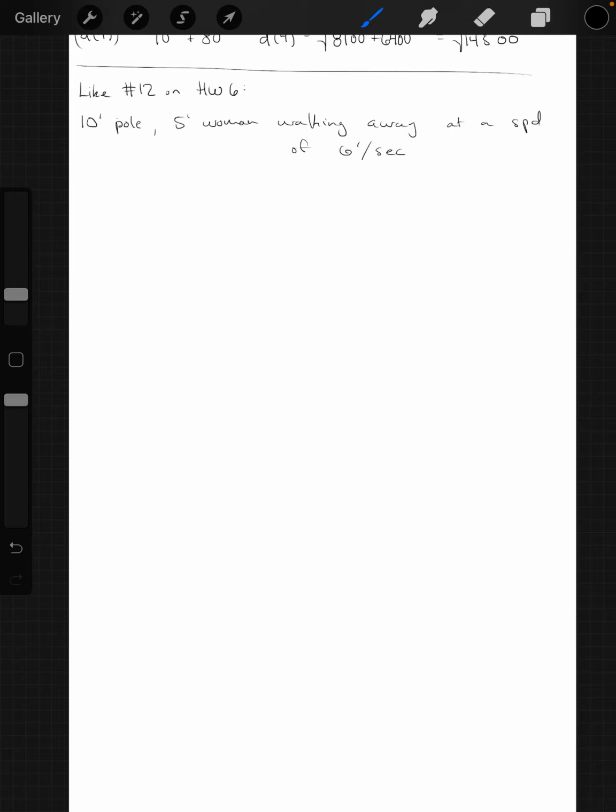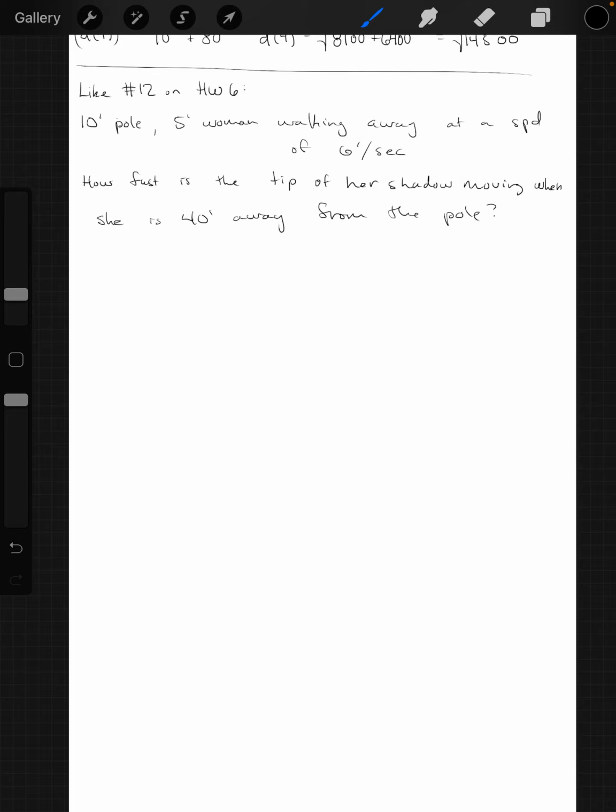And we want to know how fast is the tip of her shadow moving when she is 40 feet away from the pole.